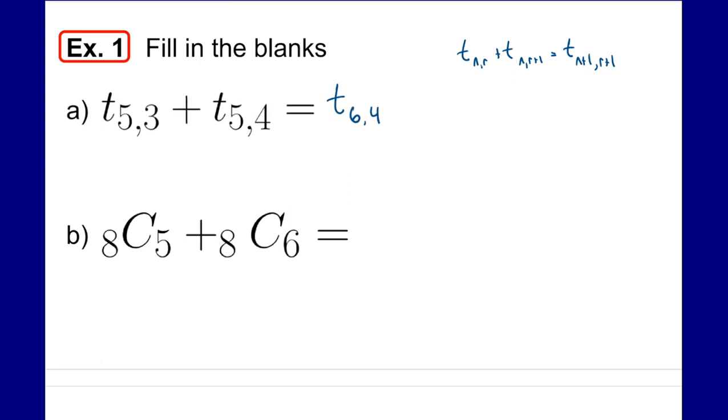So this would give us row 6, position 4.